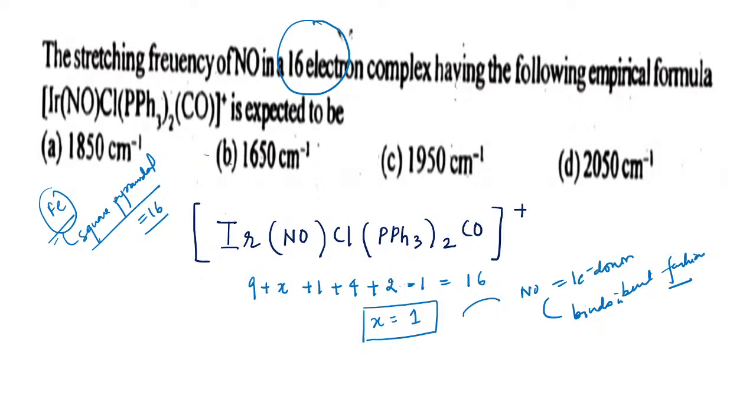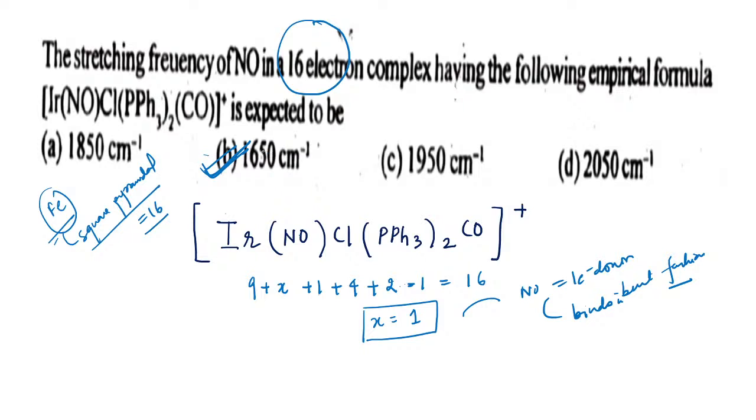You can see this value is close to 1600, so we will select option B. Now the value varies according to the complexes and according to the metal, but the approximate range is 1500 to 1600. Only in option B it's close to 1600, so we'll go with option B.